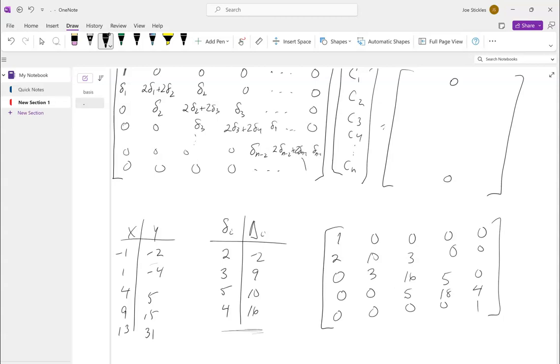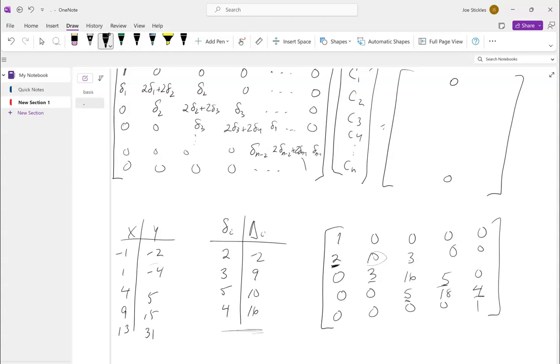Everybody see how we filled out the matrix? Okay, so where did this 2 come from right here? What's this 3? And this 5 is delta 3, right? It's just delta 1, delta 2, delta 3. And then these are just the next ones. This is delta 2, delta 3, delta 4. And then this number in the middle is 2 times that one plus 2 times that one.